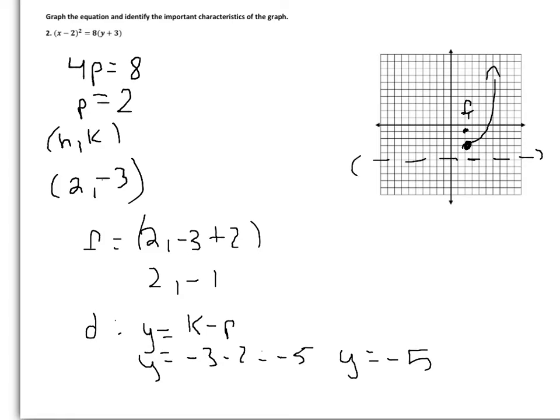So you know it opens up. And the other important thing is the axis of symmetry, which is x equals 2. Okay? So there we go.